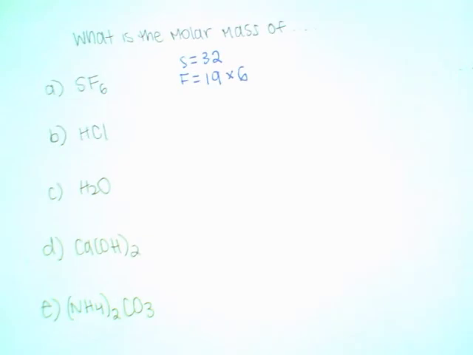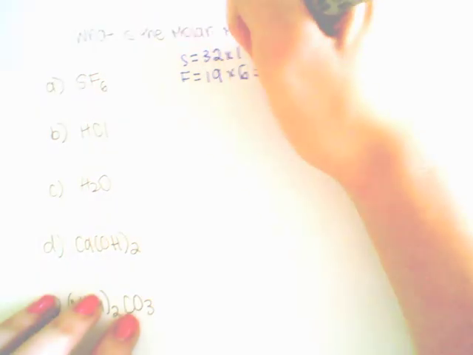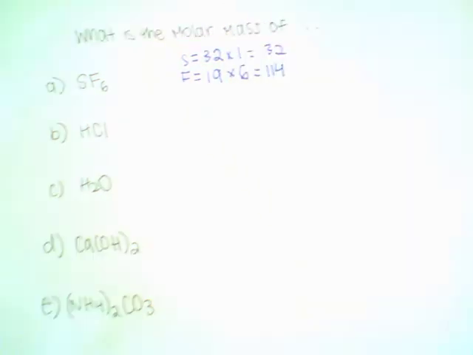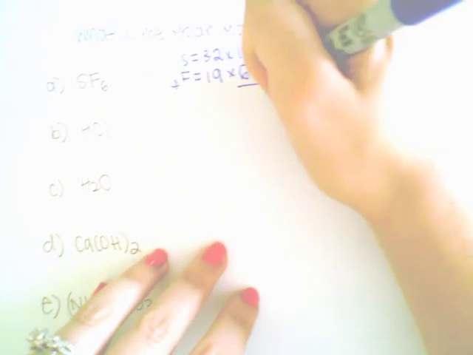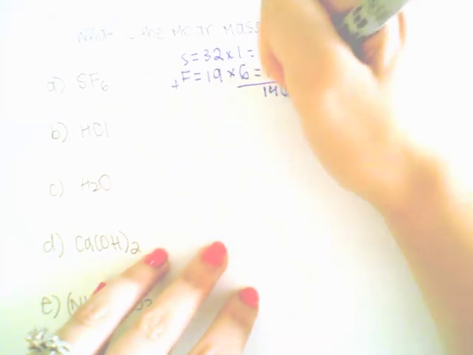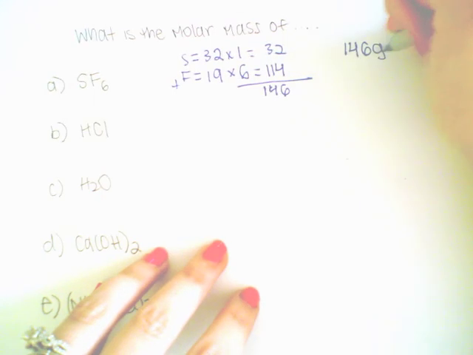So I have 19 times 6 equals 114. 32 times 1 equals 32. And when you add those together, you get 146. So the molar mass of sulfur hexafluoride, SF6, is 146 grams per mole.